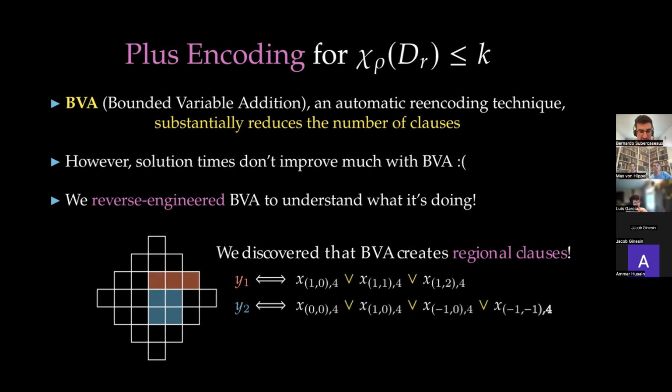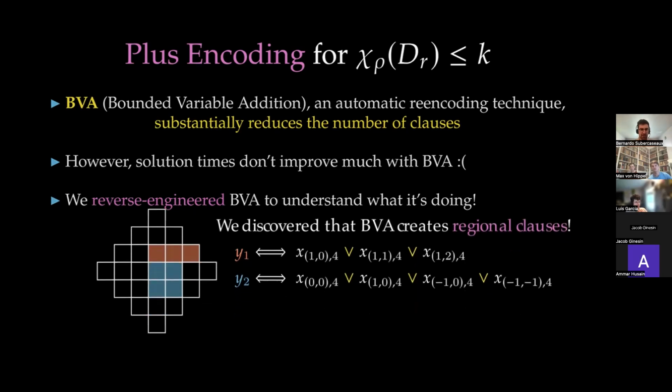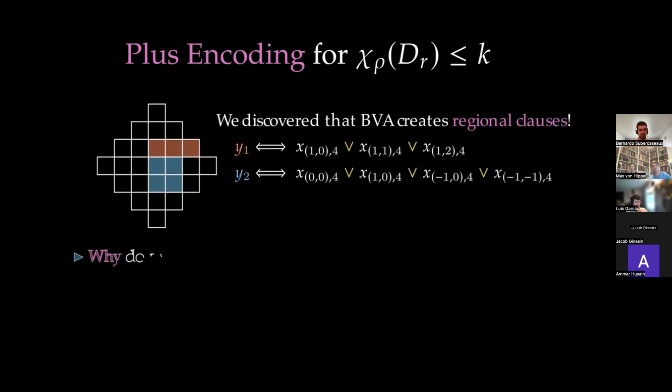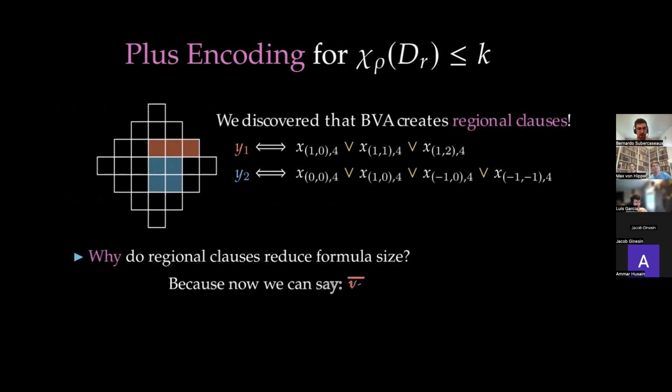This second new auxiliary variable y2 does the same, but now over this square. Both variables represent that at least one vertex in the region gets color 4. And the question is, why is this useful for anything? It's actually pretty cute, in my opinion. The reason this improves the encoding is that now we can say that at least one of them must be false, right?